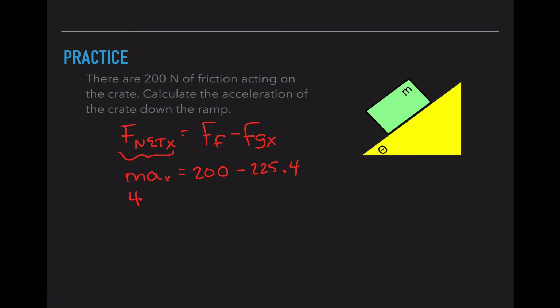So 45 times a in the x direction is negative 25.4 newtons. Divide out by 45 on both sides, and the acceleration in the x direction is negative 0.56 meters per second squared. Now that negative simply means that this box is traveling in this direction down the ramp.